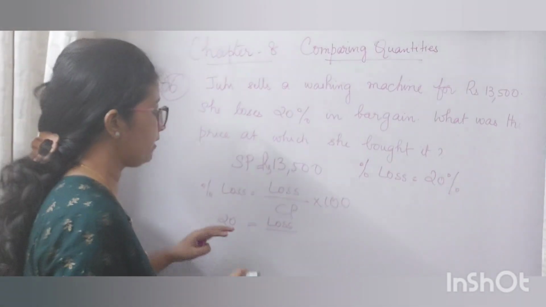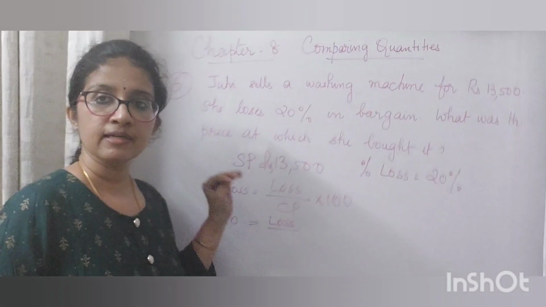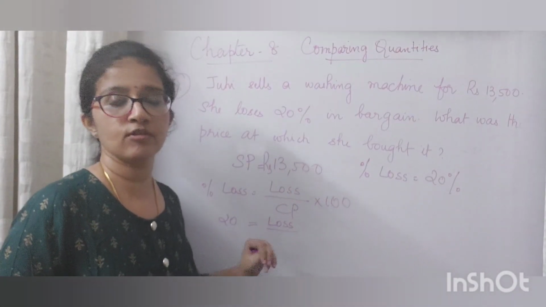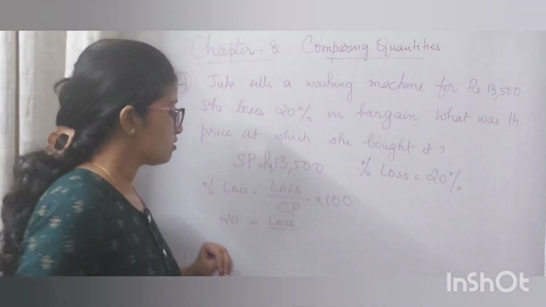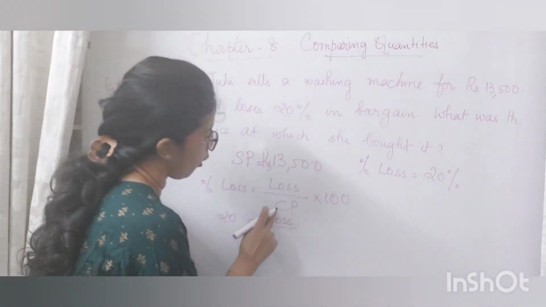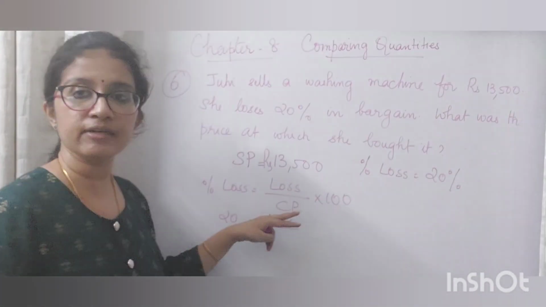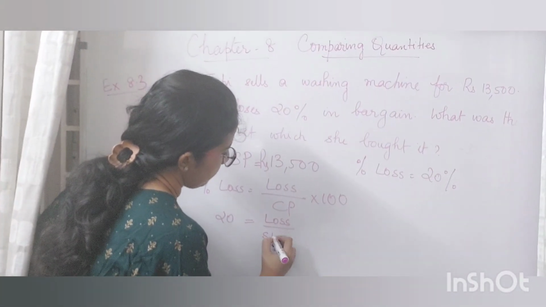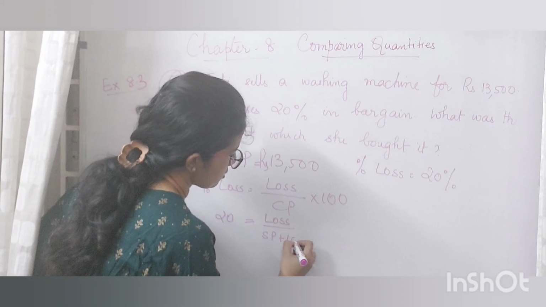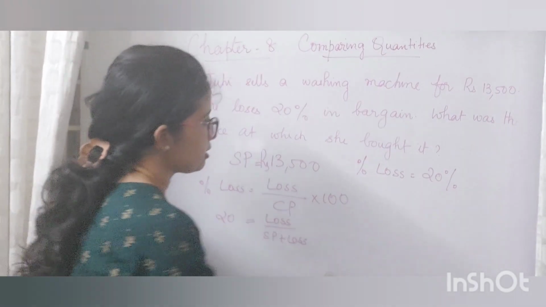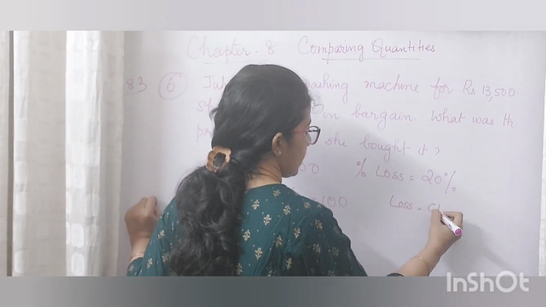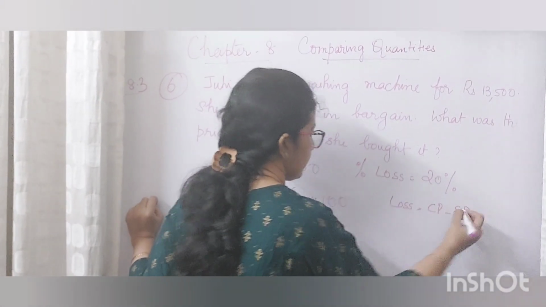So how do we find cost price in terms of loss? Okay? So for that, what should we do? How can we write cost price? Cost price is equal to selling price plus loss. Correct? That is, loss is equal to cost price minus selling price. Correct?